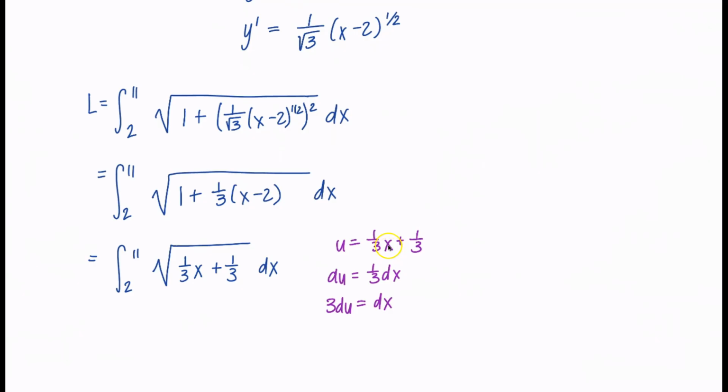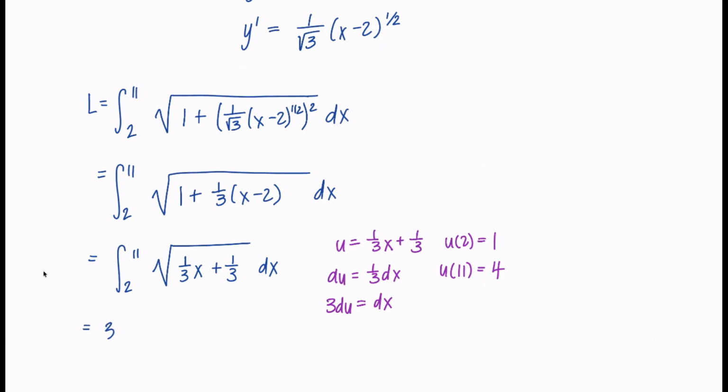So if I substitute in a 2, I'm going to have u of 2. That's 2/3 plus 1/3. Well, that's just 1. And then u of 11. So we're going to have 11/3 plus 1/3. That's 12/3, or 4. So our new limits of integration will be from 1 to 4.